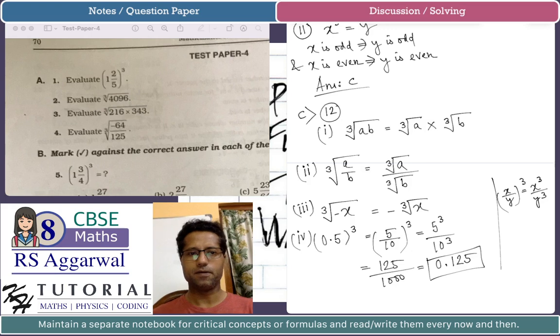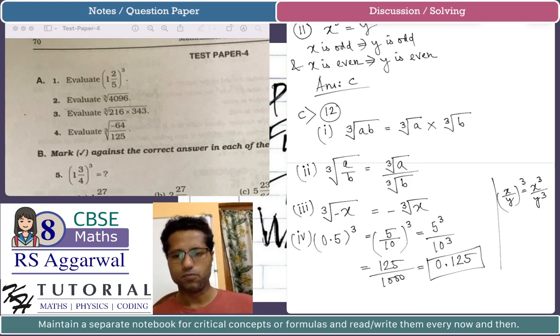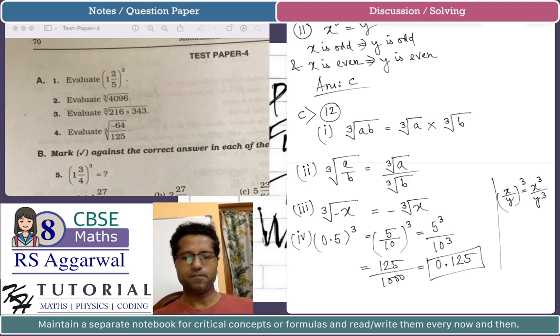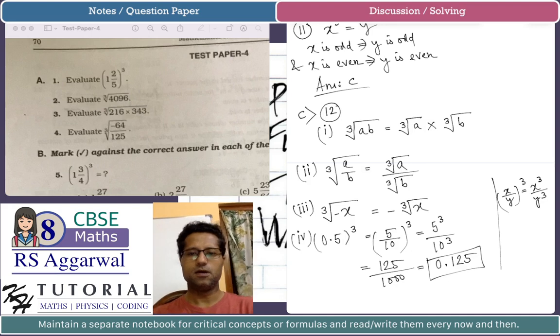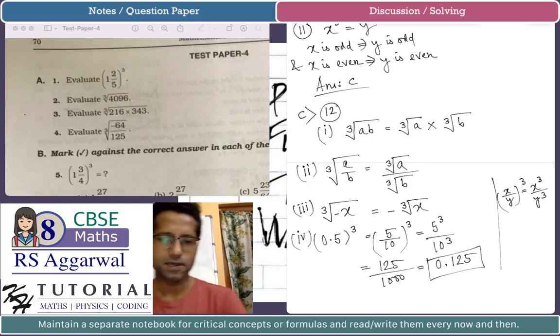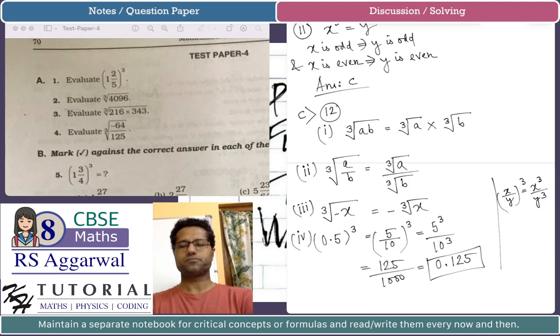Now I will prepare 2 sample test papers 1 and 2 on the chapter cubes and cube roots, and also I will keep on preparing and solving 10 good problems in the playlist Maths 8 Hot, where I solve 10 good problems for every chapter that I have finished covering in the playlist CBSE Maths 8 RS Aggarwal.